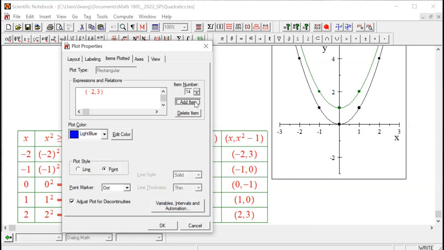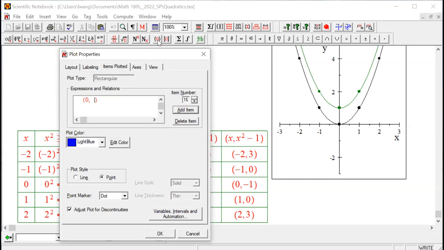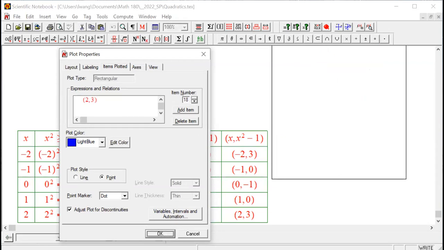Is that striking enough? The next point is -1, 0. And the next one is 0, -1, 1, 0, 2, 3. Okay, we got a bunch of blue dots.